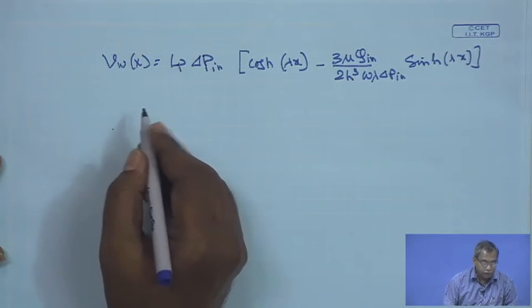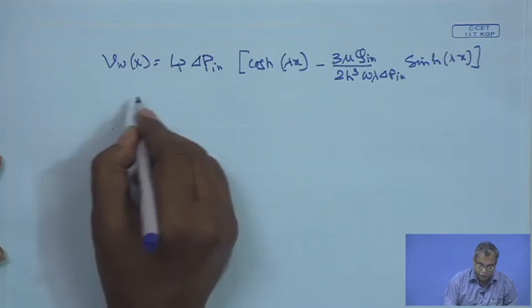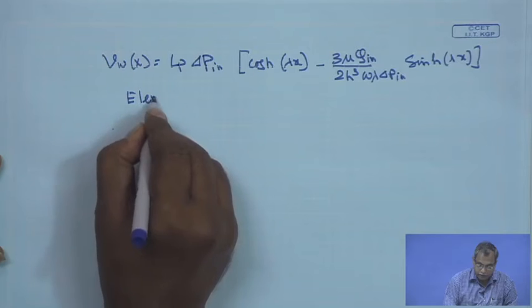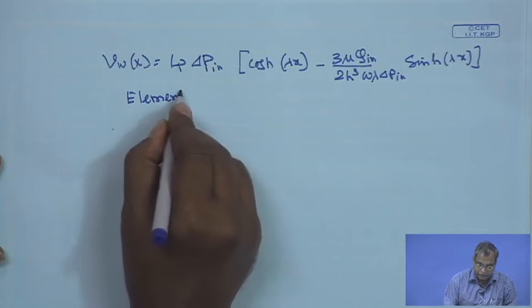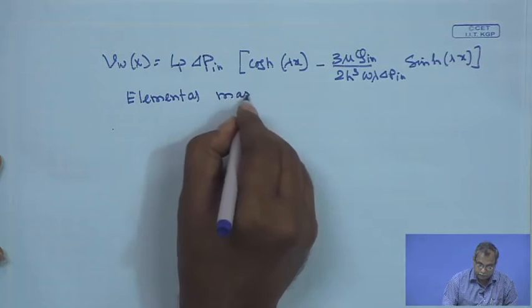So, if you remember the governing equation of Q from the elemental mass balance, that we have already done in the previous class.